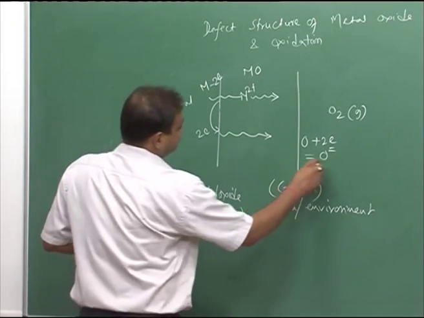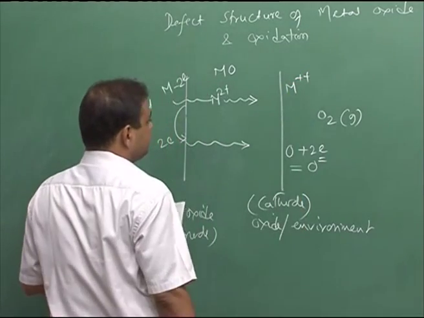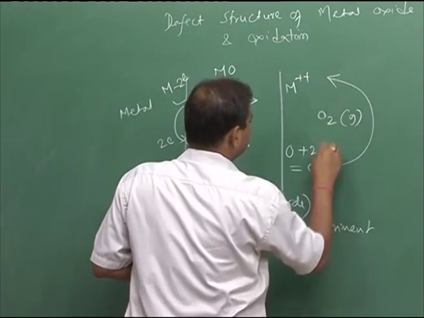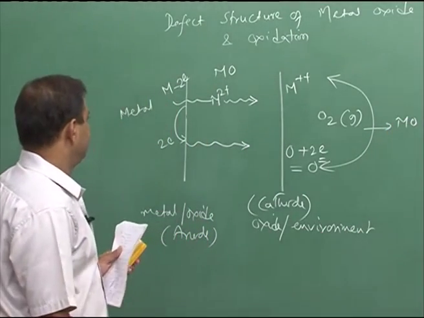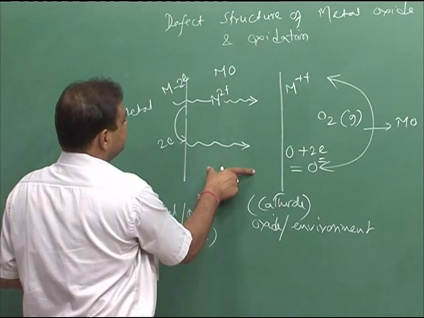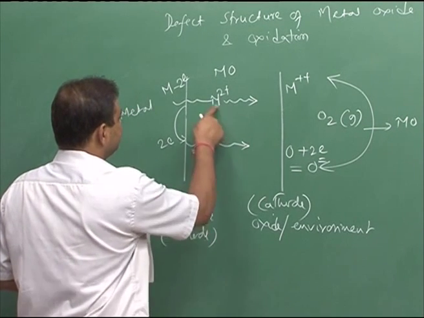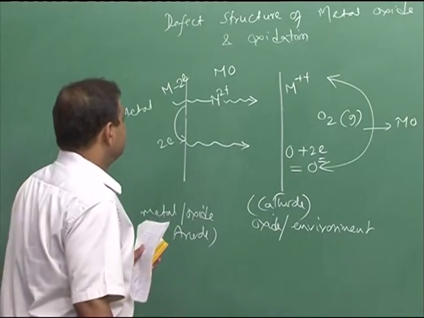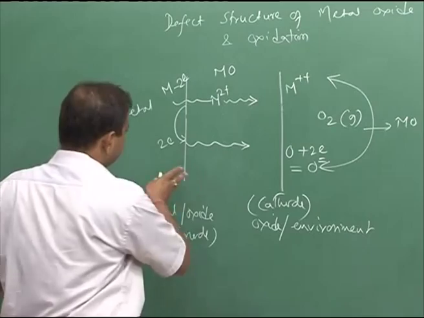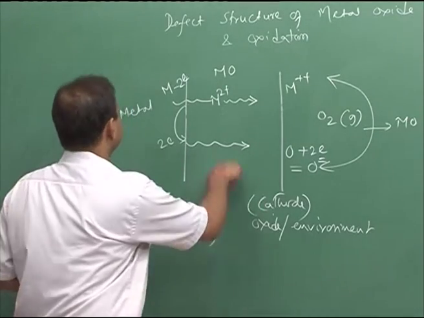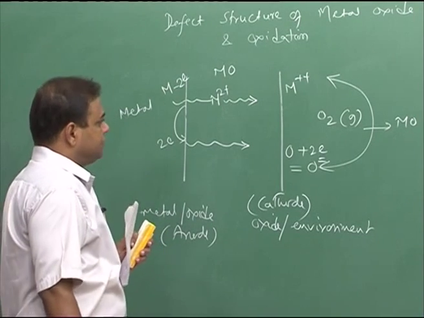So, now this one will react with M2+ and form metal oxide. So, we see this oxide also acts as electrolyte, since the ion transmission from one end to another end is taking place through the metal oxide. So, it is acting as conductor as well as electrolyte.